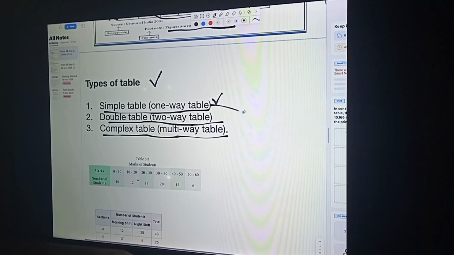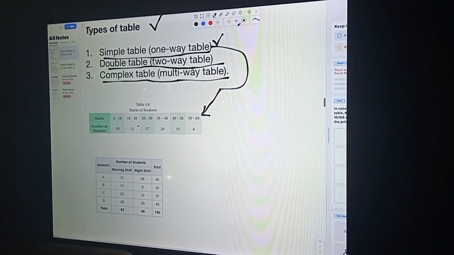First comes the simple table. This table is a simple table because here one piece of information is given, and that single piece of information is about marks of the students.